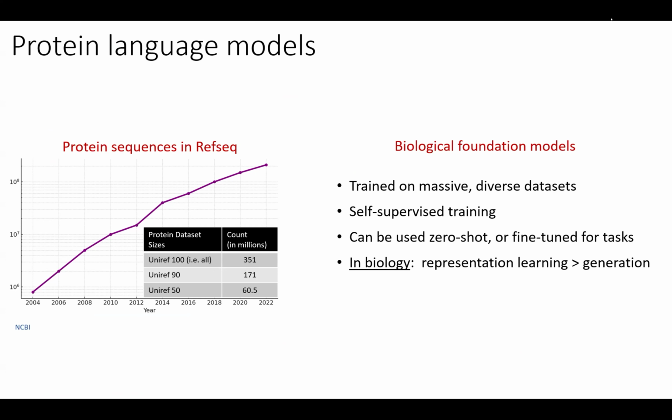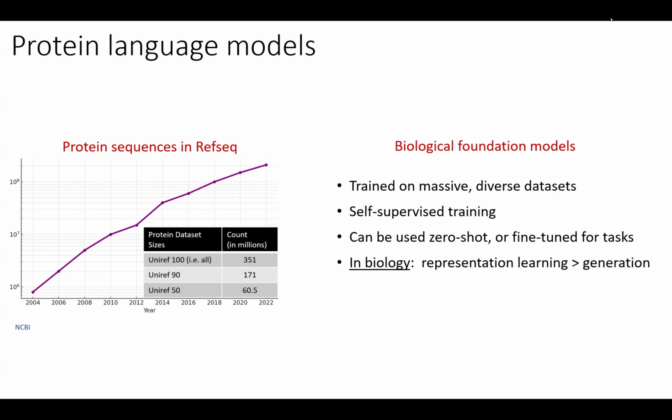You can use this to train models that do not need any additional annotation. They can build their own training labels from the data itself, and they come up with really powerful representations that you can use out of the box, or you can adapt them for a specific task.